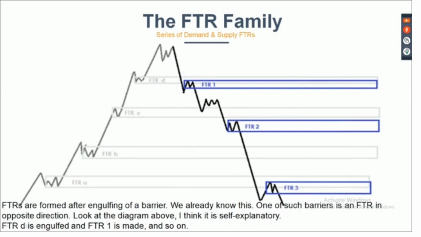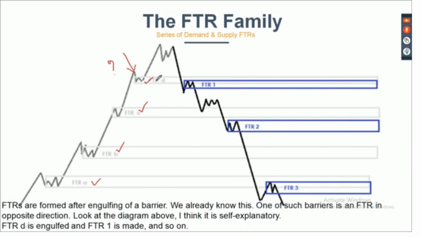Now, let me give you a very important message. Friends, is this the last FTR in the bull run? The final demand FTR in your bull run. All the demands that came from here, from here, from here, who are all those people?